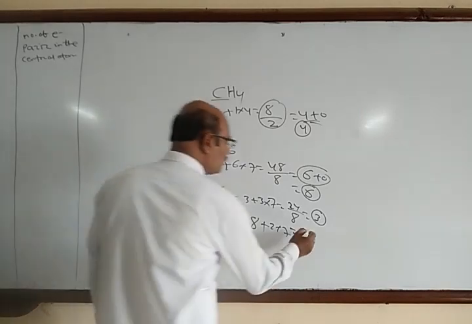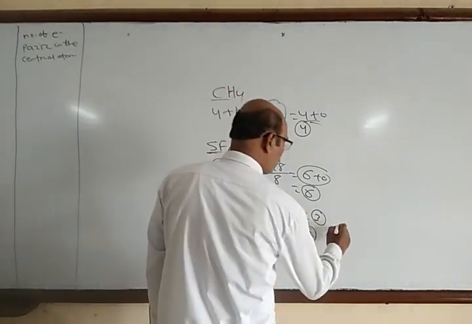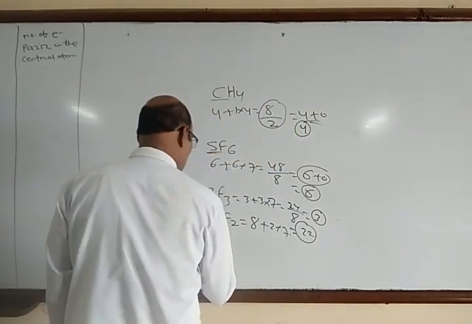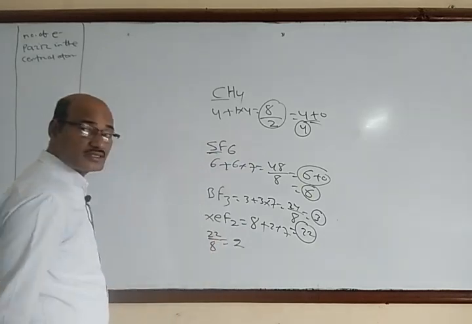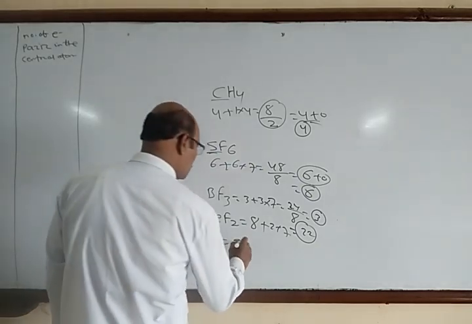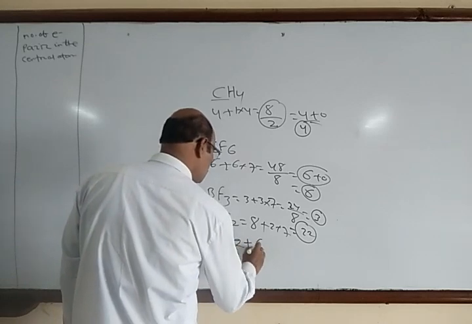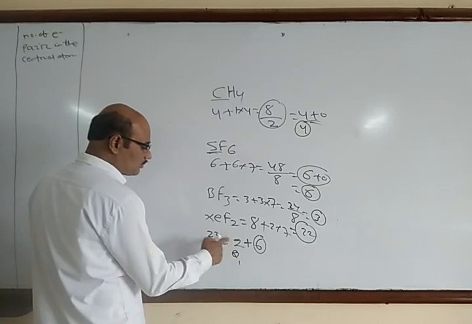So what will we do here? 22 by 8. 8 twos are 16. This is the quotient one, Q1 equals 2, and the remainder is 6. So 8 twos are 16 plus 6.